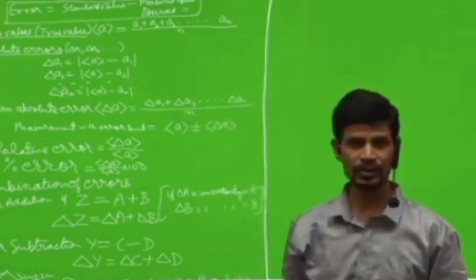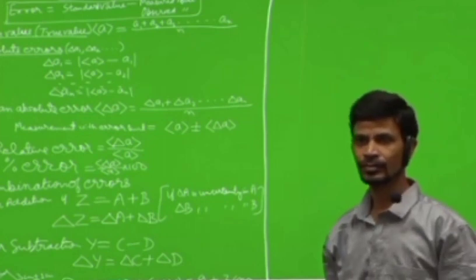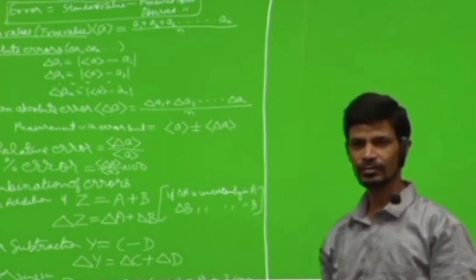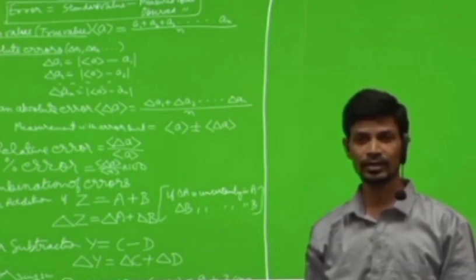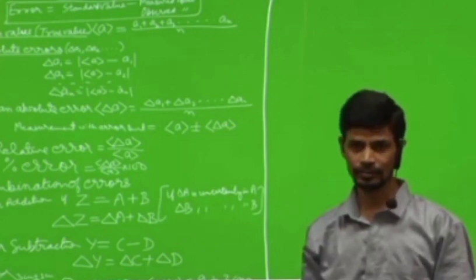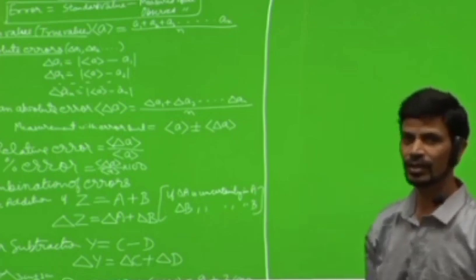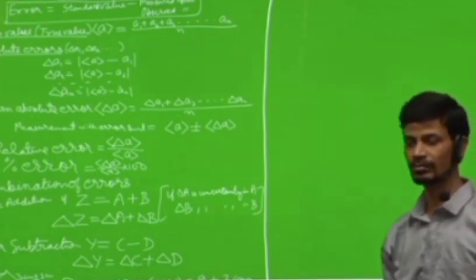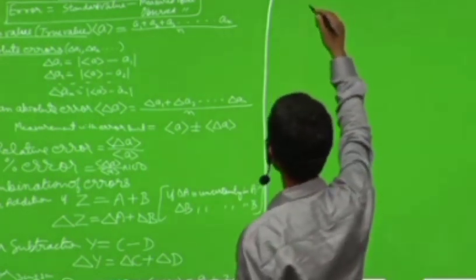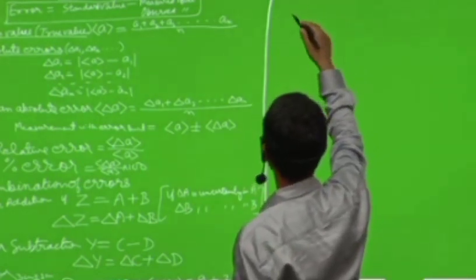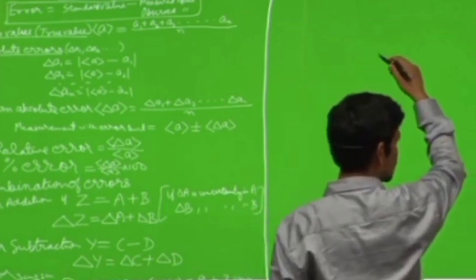given some observations. Let us suppose 3 observations. I'm taking a lesser number to avoid workload. I'm doing it smartly, but maybe in the exam they will give 5 or 6 or more than that. So let us suppose we have measured the mass of something, a very light object.